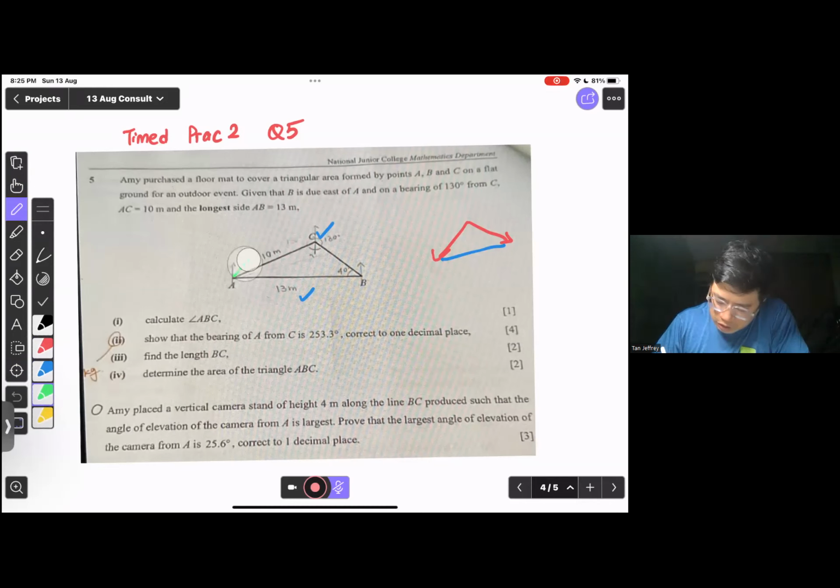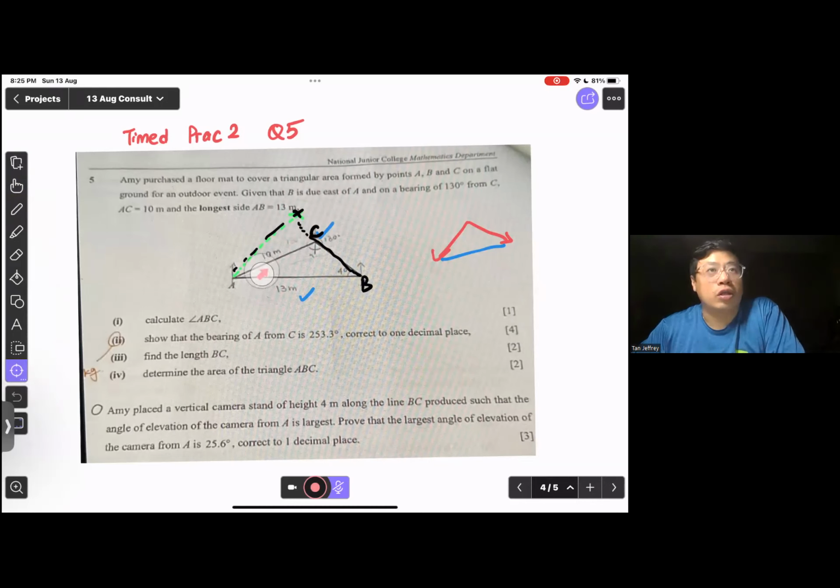So this shortest distance may be somewhere here. Okay, so this shortest distance will give the angle of elevation. This is where my angle of elevation from A will be the largest. The distance must be the shortest.